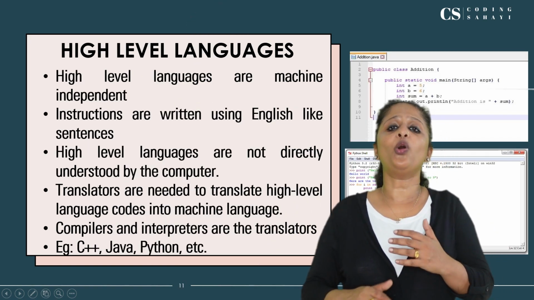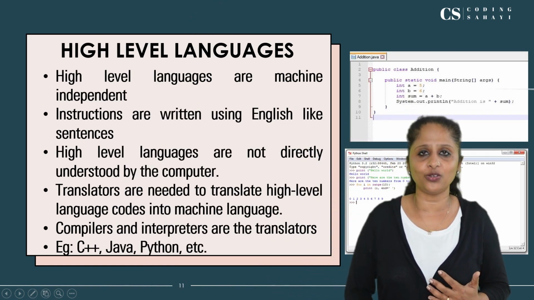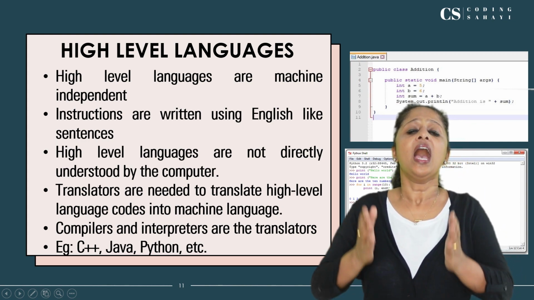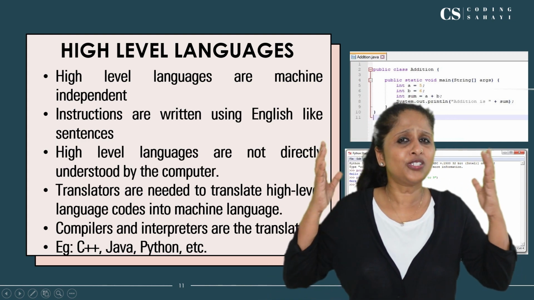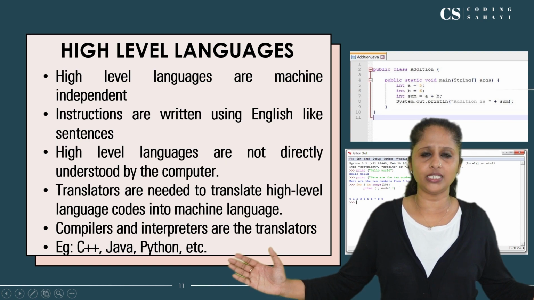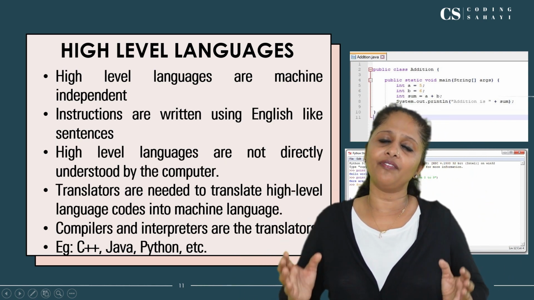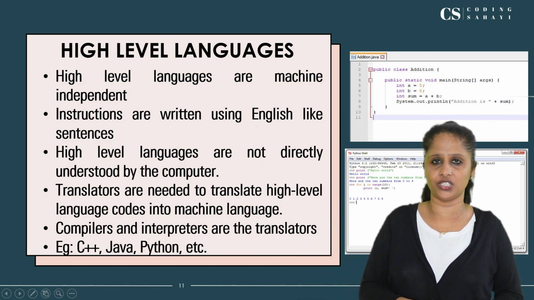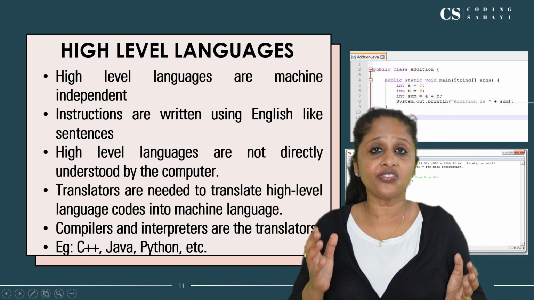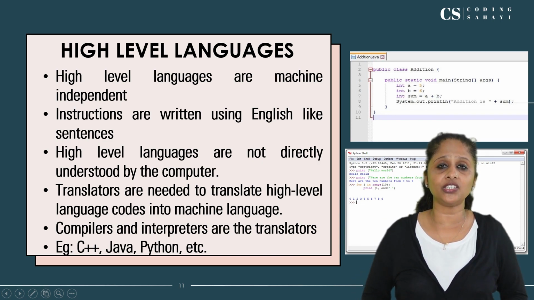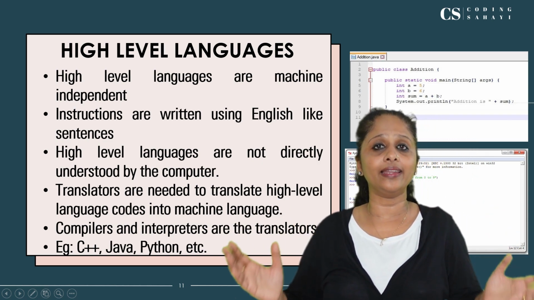Years later, programmers introduced another set of languages known as high-level languages. There are so many high-level languages, depending on the platform and the need. The high-level language instructions are written in English, and they use symbols and numbers.